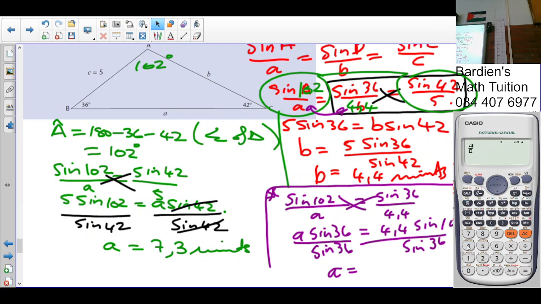What did you get? 7.32. What do you notice? The same. So you can use anyone. You can. But as I said before, if B is wrong, then this would also be wrong. Okay.